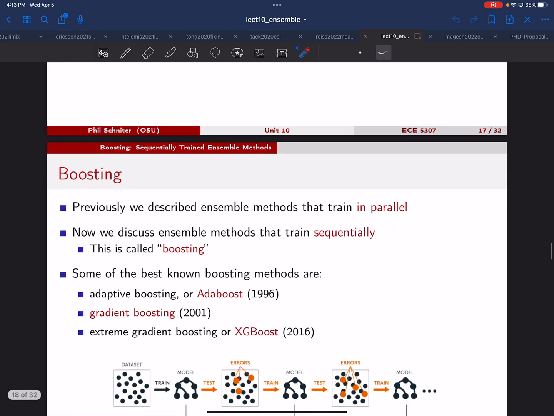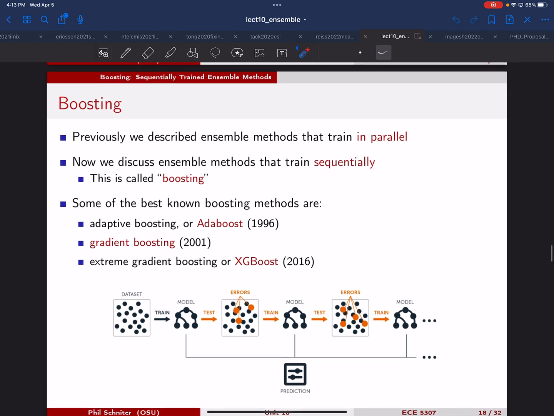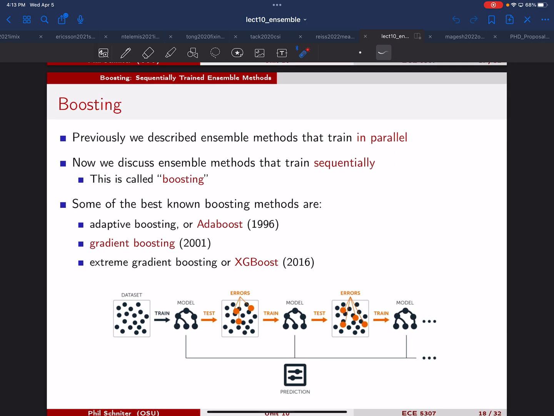So today we're going to talk about boosting, which is training ensemble methods, often trees, sequentially rather than in parallel. The intuitive idea is you start out by designing a tree like you always do, to minimize, if you're doing classification, the probability of error. But then you look at what happened in that first stage of design.